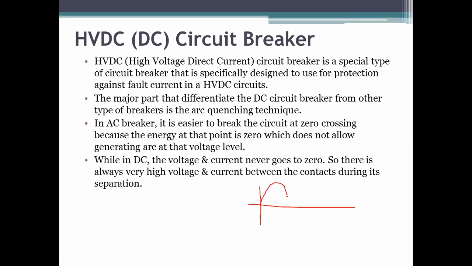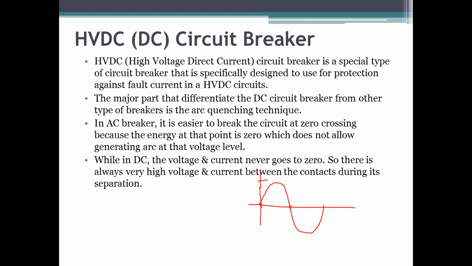Alternating means that after half a cycle your current comes to the 0 point, which is nothing but the natural current zero. We are getting a sine wave there. Sine wave means from 0 it is starting, here we are getting the peak value, again it is decreasing to the 0.